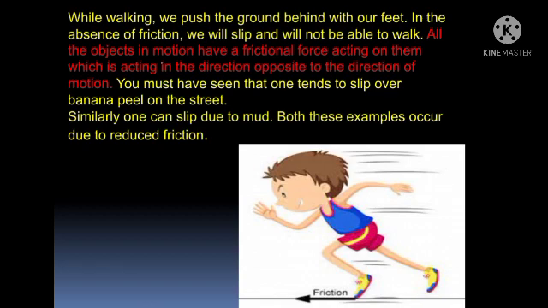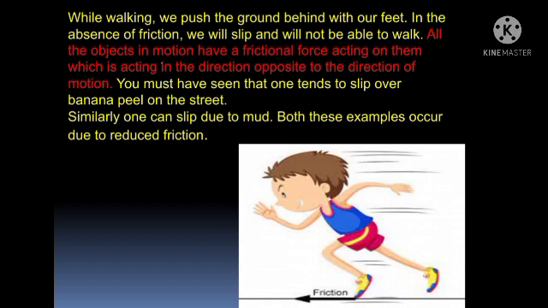Because the peel has a smooth surface, so there is no presence of friction. Similarly, one can slip due to mud. Both these examples occur due to reduced friction. When there is reduced friction, one cannot walk properly. One will slip down.